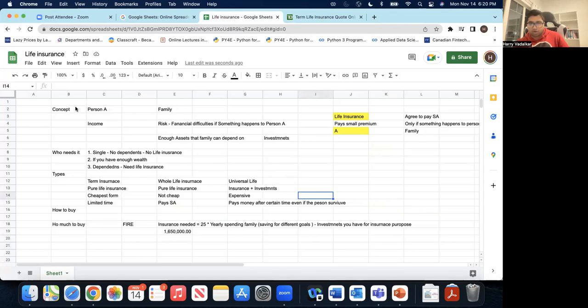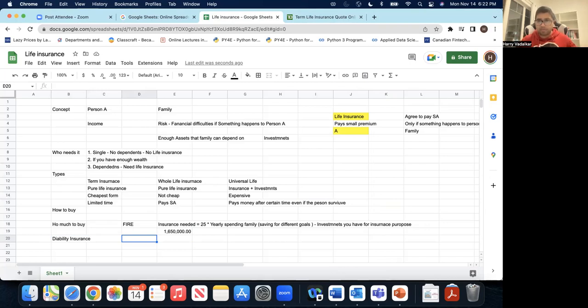So we covered the concept, we covered who needs it, we covered types, we covered how to buy, and we covered how much to buy. Next important concept is disability insurance. Now, disability is statistically more probable than death.